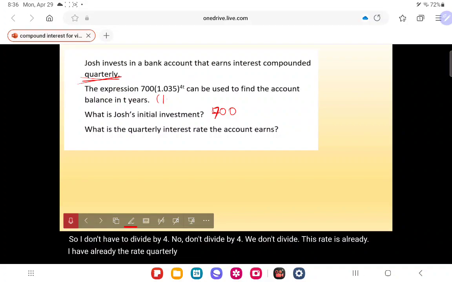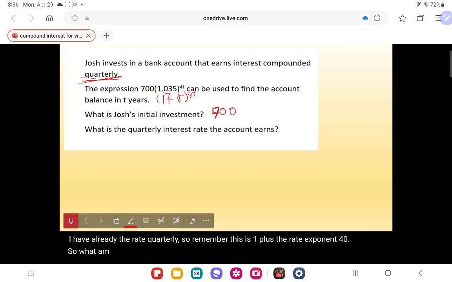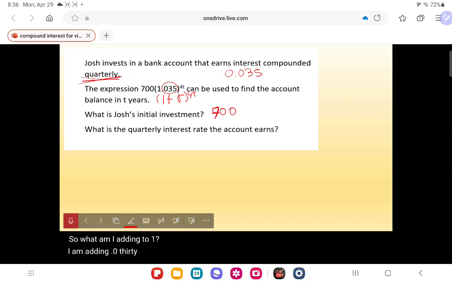So remember, this is 1 plus the rate, exponent 40. So what am I adding to 1? I am adding 0.035. What percent is 0.035? 3.5%. So this is the rate quarterly.